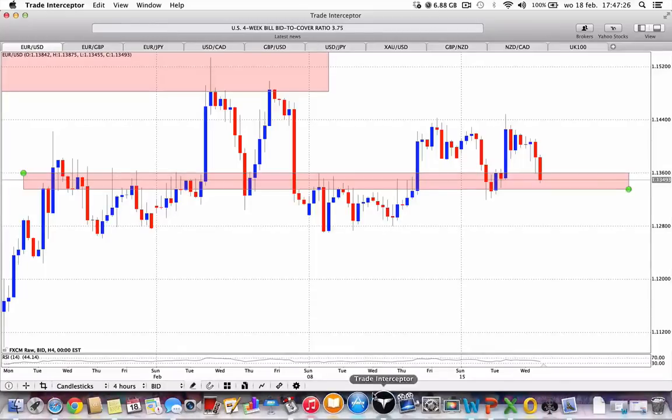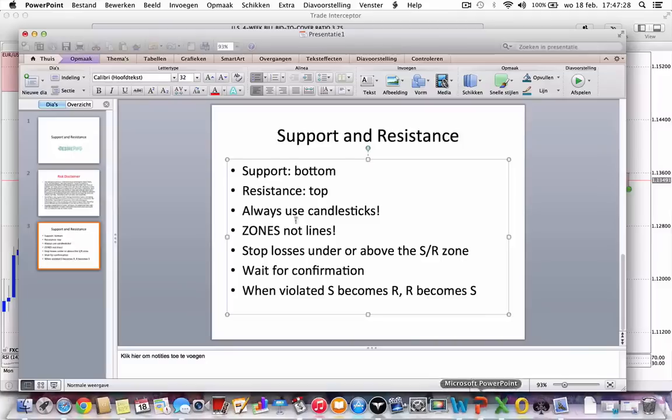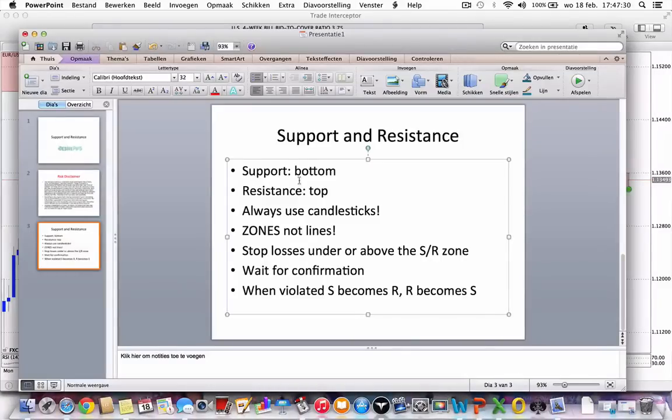So I'm going to go over the points that I have previously told. Support is the bottom level, resistance is the top level. You should always use candlesticks and search for the tails. When you draw support and resistance, you need to draw a zone and not one line.